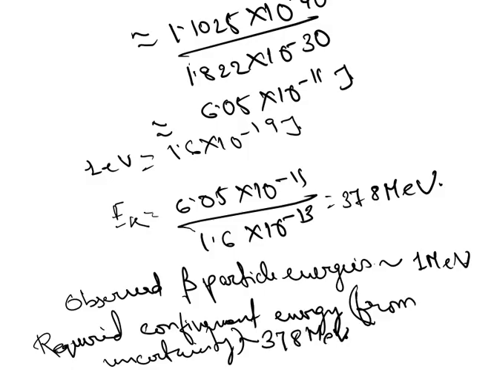So we can conclude that if the electrons were confined inside the nucleus, the minimum energy due to the spatial confinement would be hundreds of MeV, which contradicts the observed beta particle emission energy of 1 MeV. Hence, the electrons cannot exist inside the nucleus.